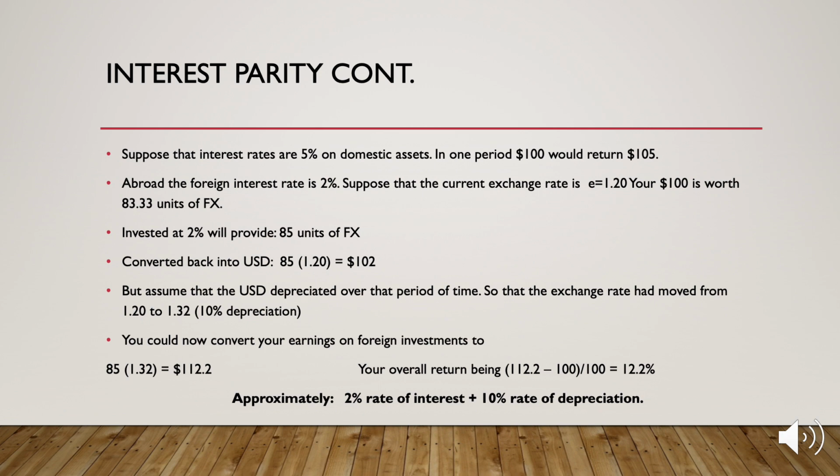Your overall return here has been that you invested $100, and at the end of the period, you acquired $112.2. That overall rate of return is calculated for you. It's just the percentage change in the growth of your asset, and the answer is 12.2%. This 12.2% is approximately the 2% rate of interest plus the 10% rate of depreciation.